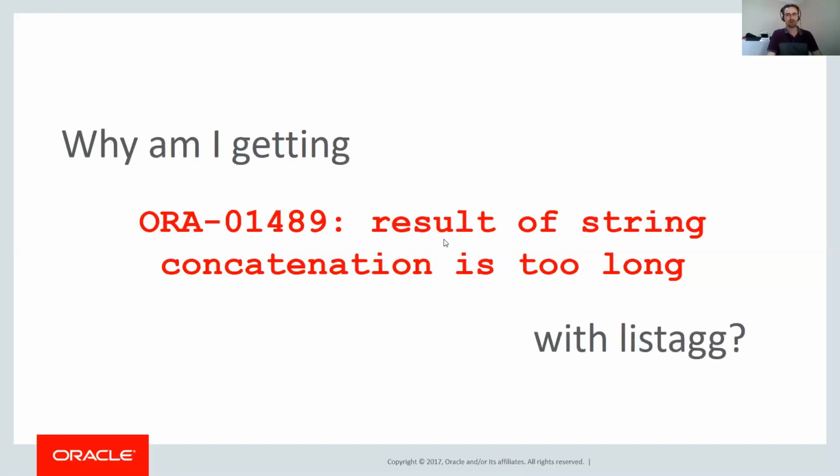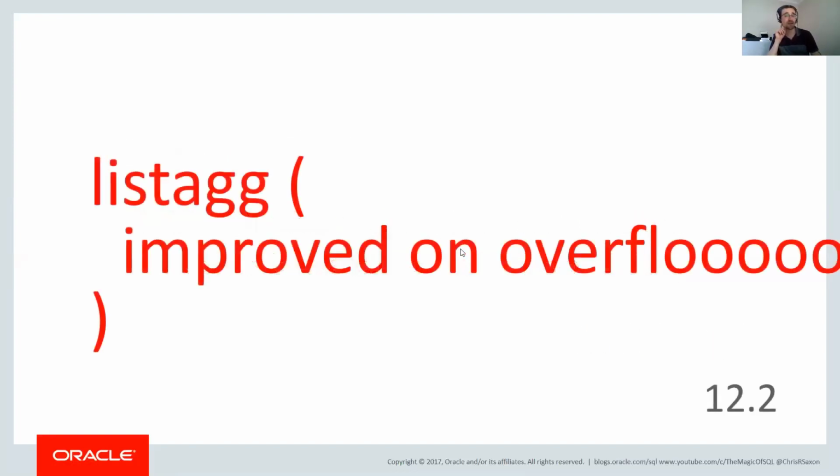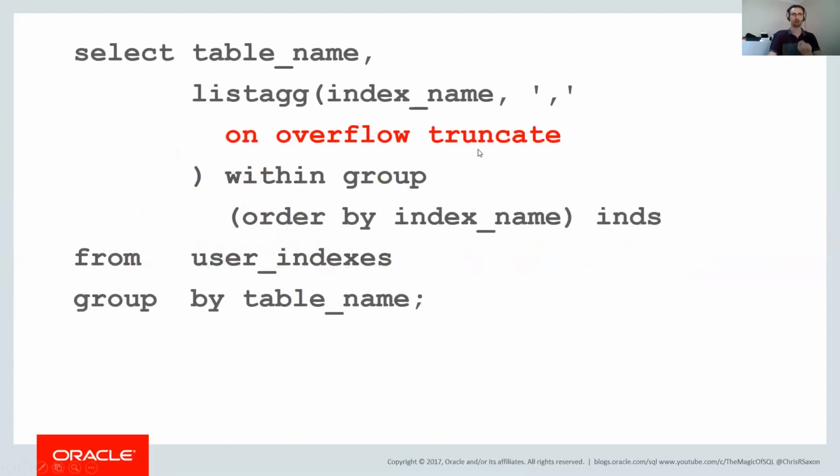So the first is something we introduced in 12.2, and that is a new clause to handle overflow semantics with LISTAGG. When you blow out that 4,000 byte limit, you can handle it with this new ON OVERFLOW clause. So we've got ON OVERFLOW TRUNCATE.